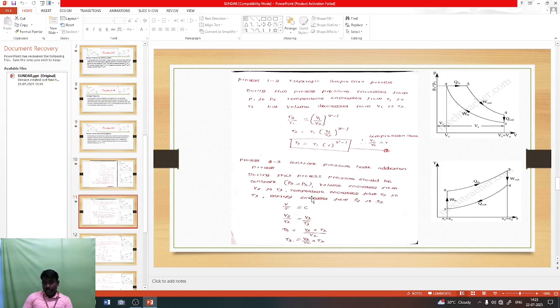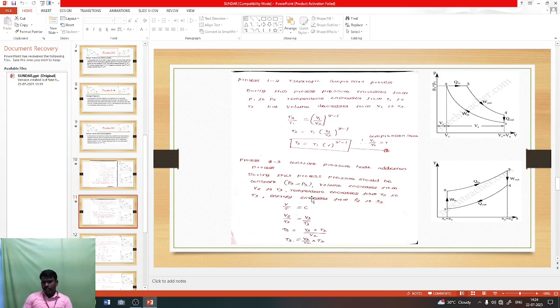In the TS diagram, process 1 to 2, temperature also increases from T1 to T2. But in the PV diagram, during process 1 to 2, the volume decreases from V1 to V2. I hope you understood, because we wrote everything here using the diagram. For this derivation, the PV and TS diagrams are very important.